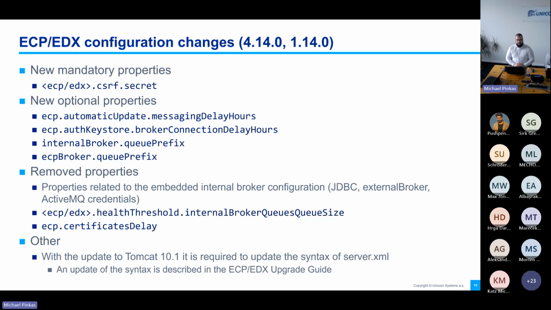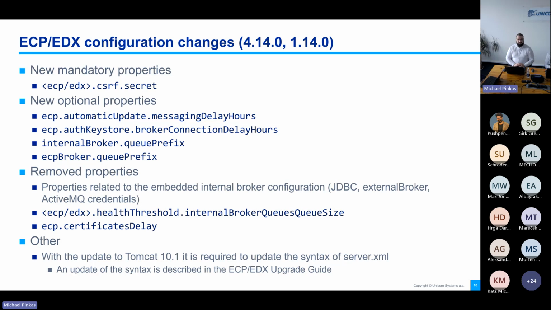As for optional properties, there are two new properties for certificate handling, basically. The first one, the ECP automatic update messaging delay hours, specifies a delay which will be used for the usage of the new certificates for the messaging, so message encryption and signing.